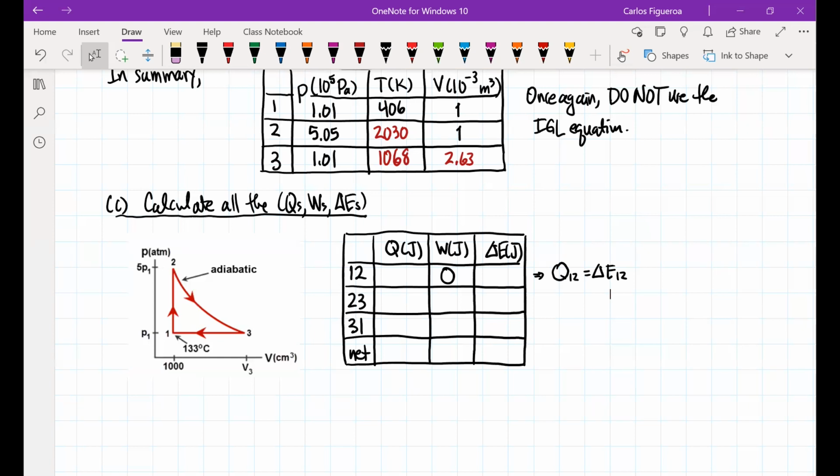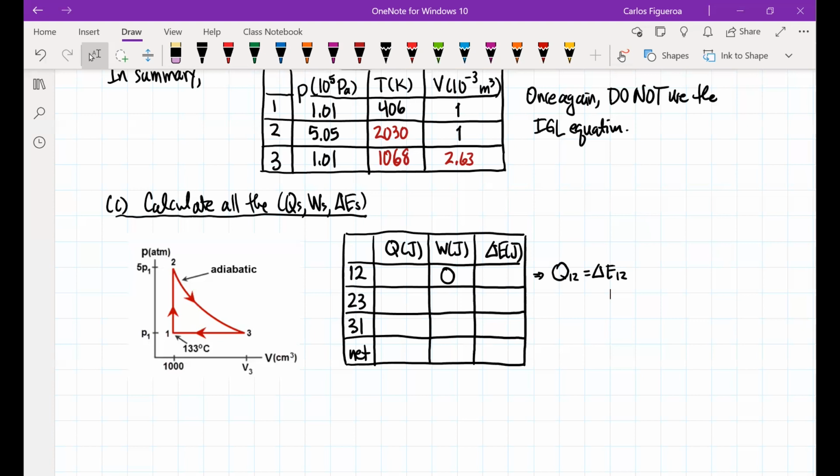Before I do that, I'm going to bring that table over here and start to fill in my values. But I definitely want to carry this PV diagram so that it's easy to make sense of what's going on.